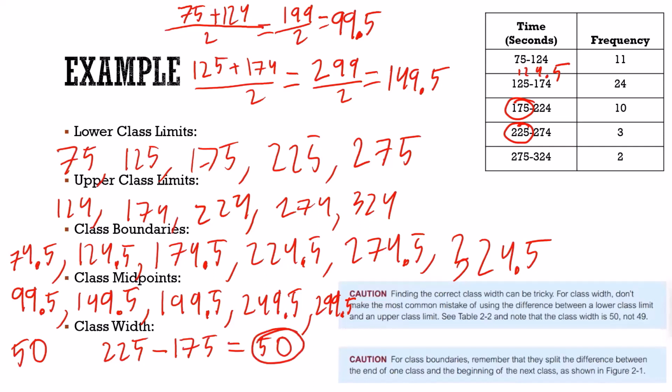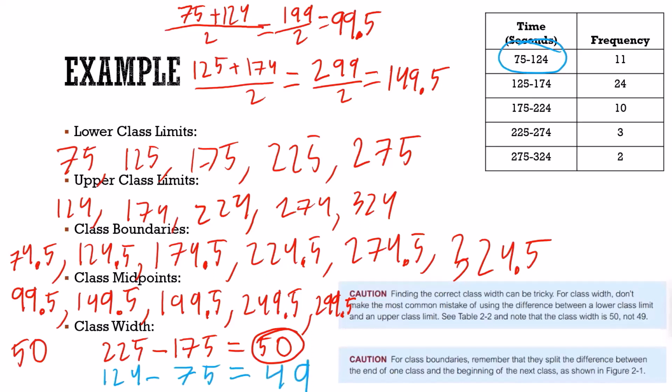A mistake that a lot of students might make is to look at it within a single class and do 124 minus 75. That will not give you 50, but instead will give you 49, right?